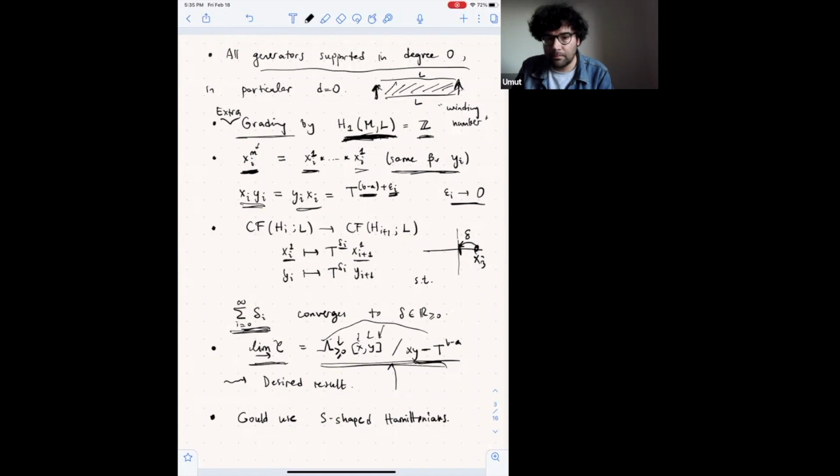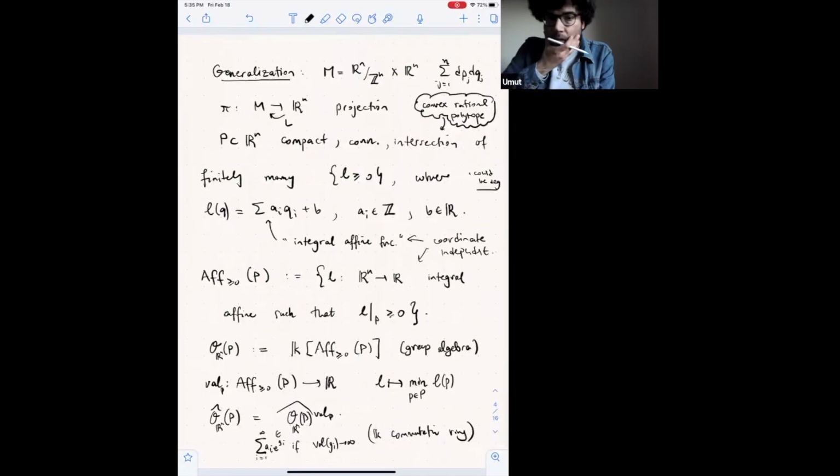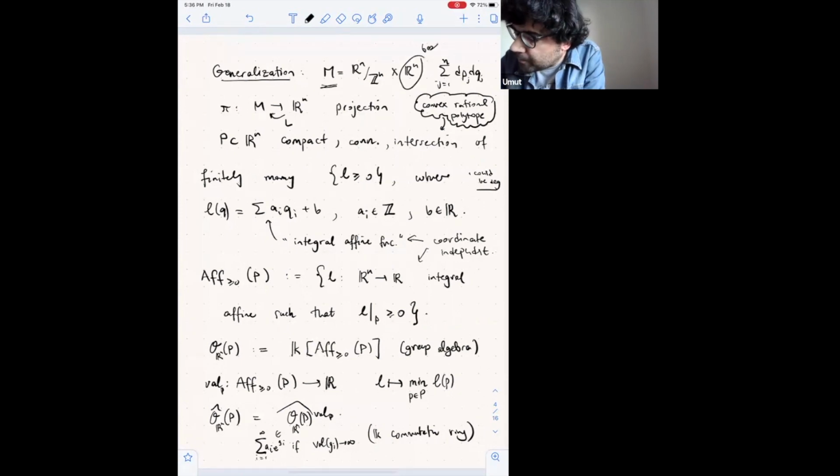Okay. So now I want to slightly generalize this computation, and this time I'm not going to explain the computation, just tell you what the result is. So now let's consider the symplectic manifold, which is again, this is the base, and these are the fibers.